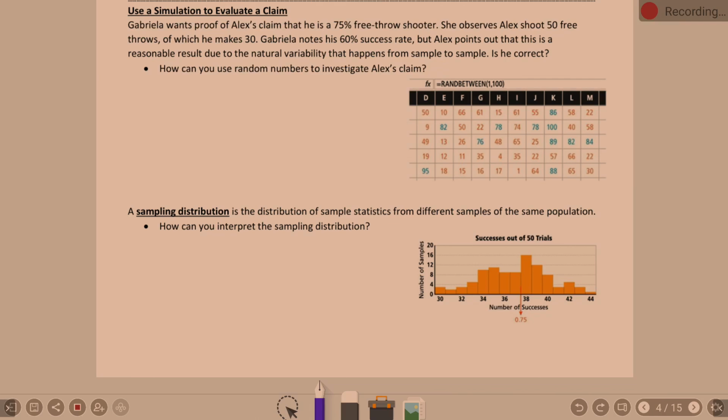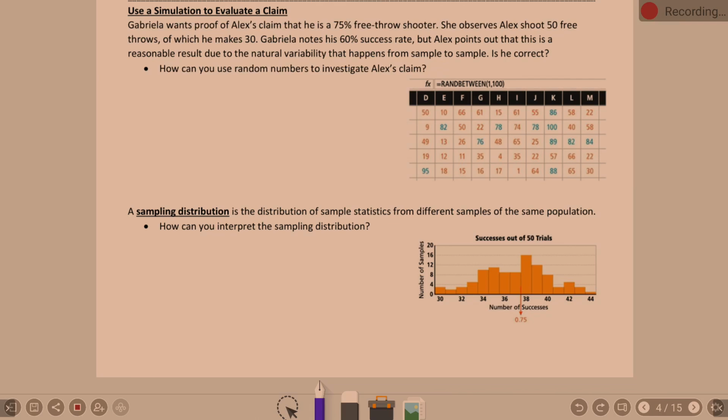But Alex points out that this is a reasonable result due to the natural variability that happens from sample to sample. Is he correct? So basically, the overall question we're going to look at, if he's claiming he's a 75% free throw shooter, could he have a day where he makes only 60% and still be a 75% free throw shooter?